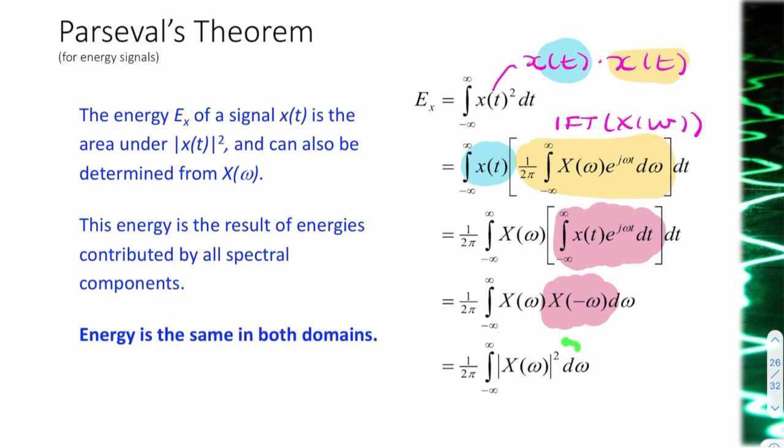So in the end, you can take your spectrum, you can square it, and with the inclusion of that factor there, you end up with the same energy. So the energy is the same in both domains. That's basically what Parseval is showing us. And we can prove this and verify it for individual signals. There's plenty of examples of this in the problem sheet this week.